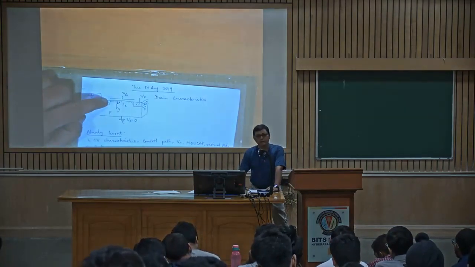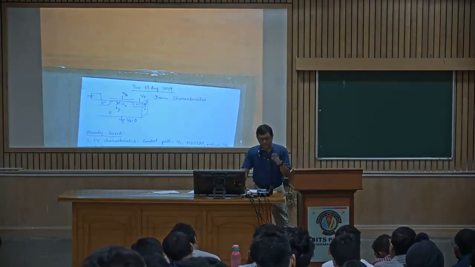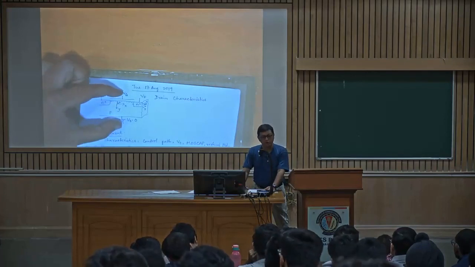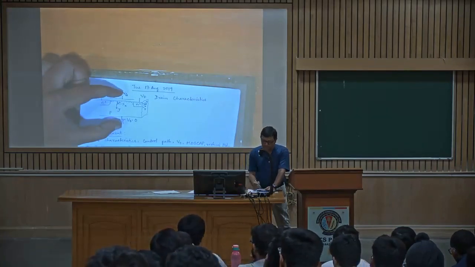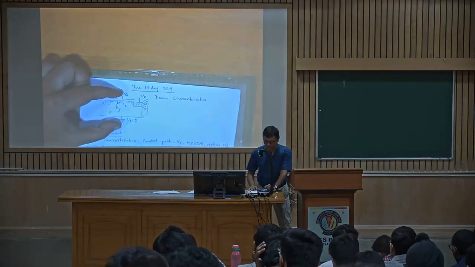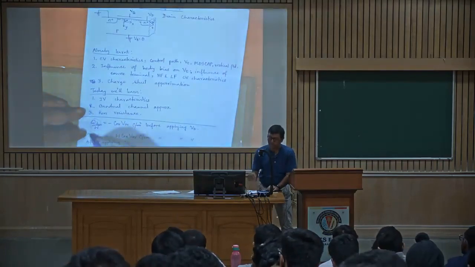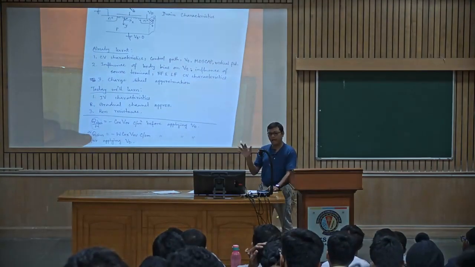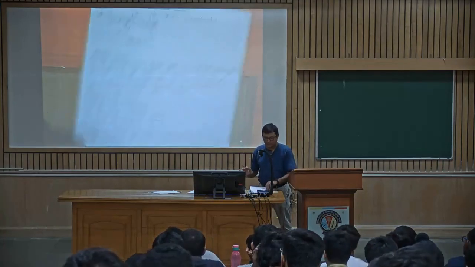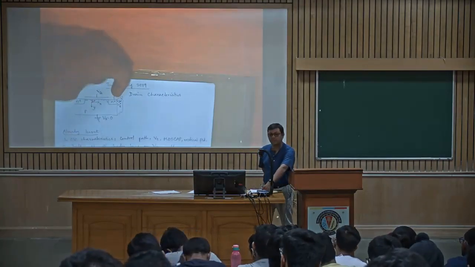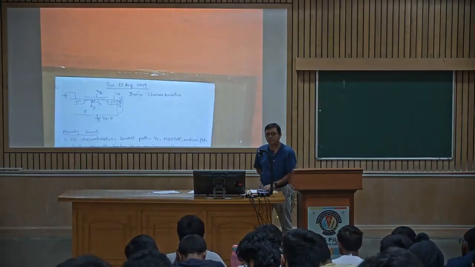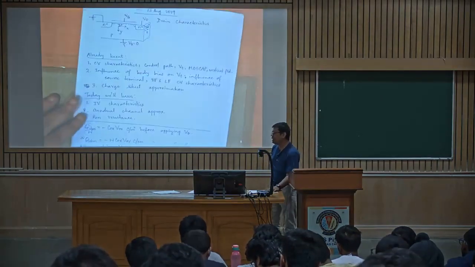What does this lateral field do again? First thing, VGS will essentially ensure that the electrons are here. That is the whole reason you are having this Q channel in the first place. Otherwise, you won't even have the channel charge. Then VDS will ensure that this Q channel actually flows through the channel and gives you some current.